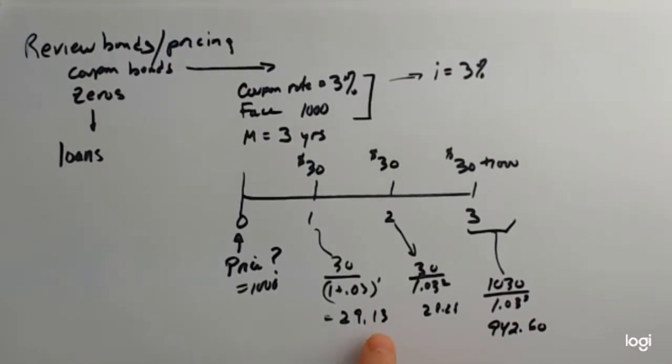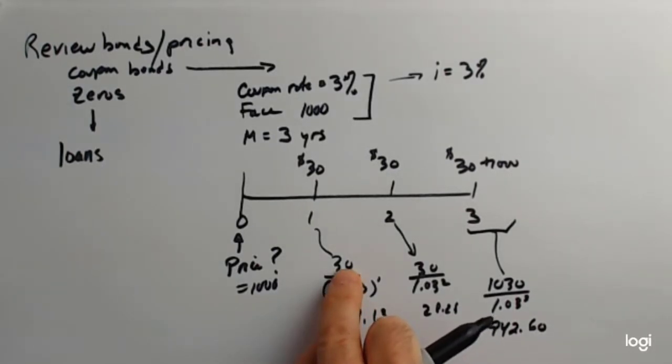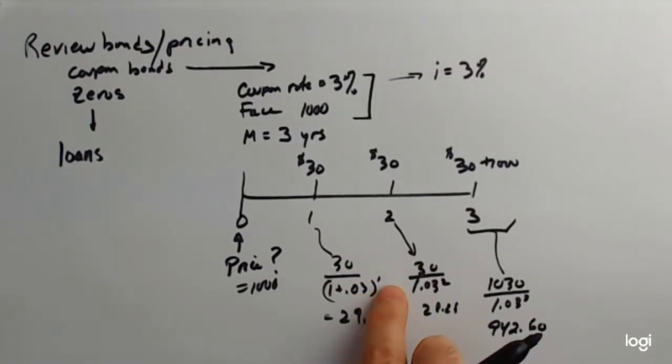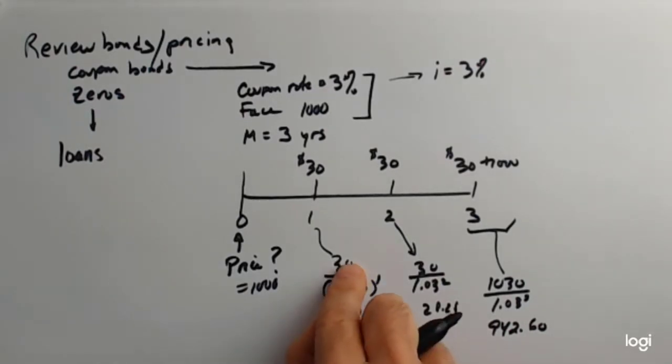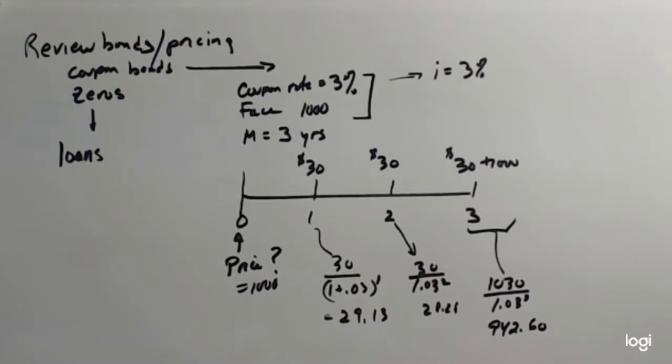So if you were to reverse this process for a second and say, look, I want something that pays $30 in 1 year. What's it worth today given interest rates are 3%? It's worth $29.13. So if I invest $29.13 for 1 year at 3%, I'll get $30 back a year from now. That's the way to think about it.